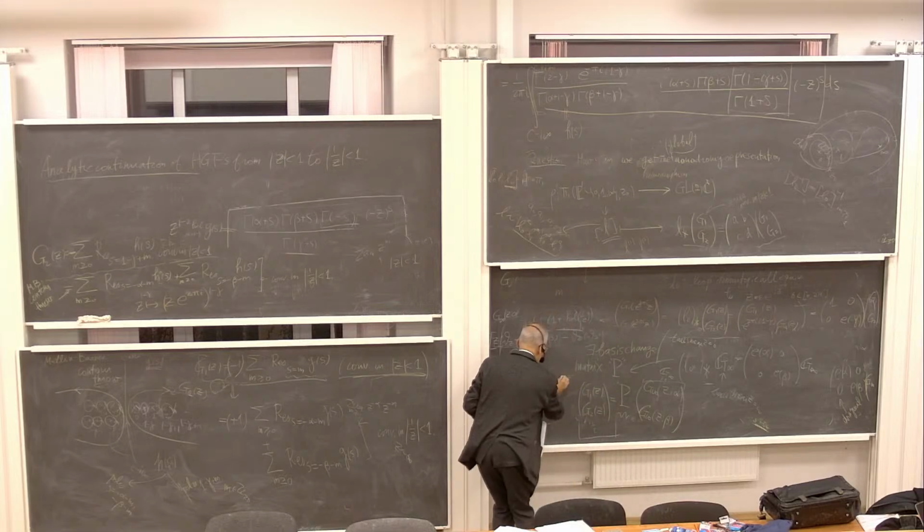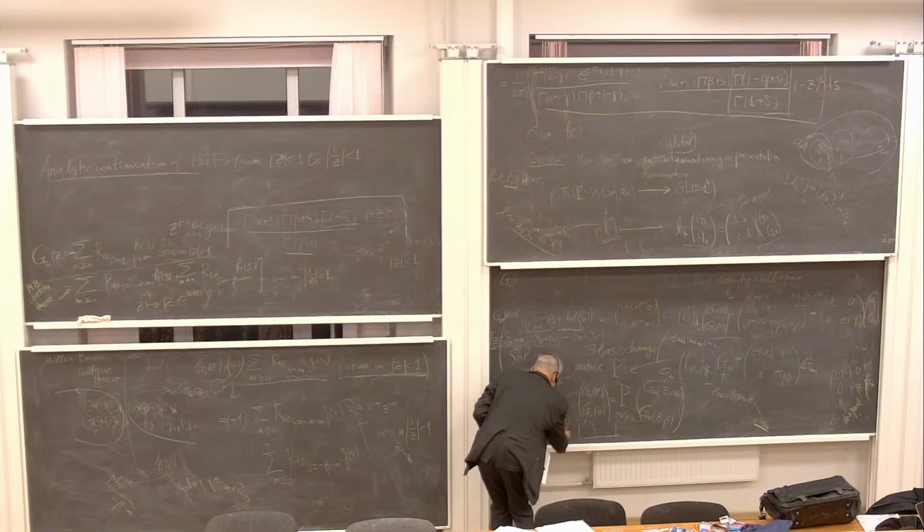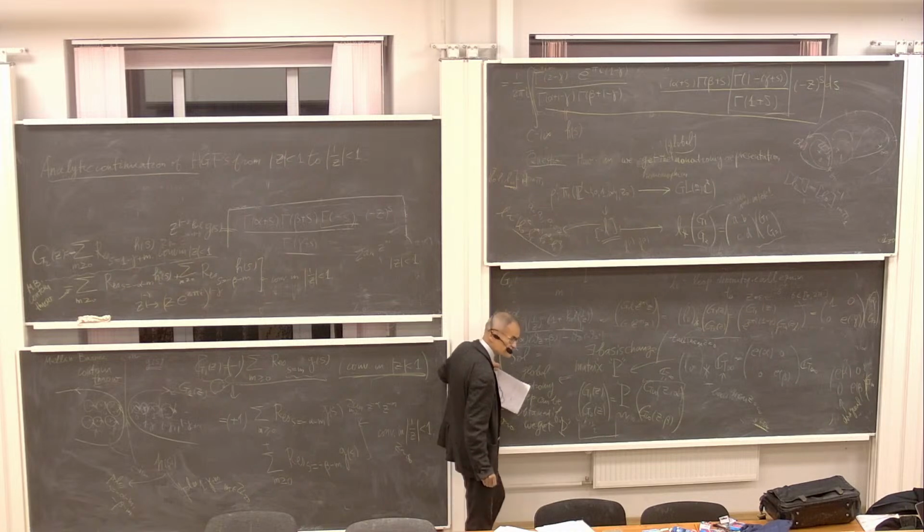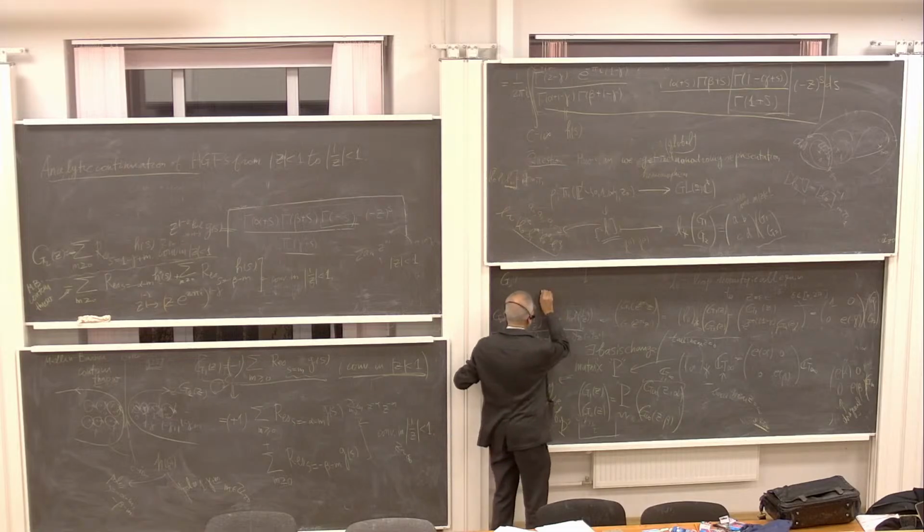So the global monodromy representation can be obtained if we get P, this connection matrix, basis change matrix. Okay, the story is like this.